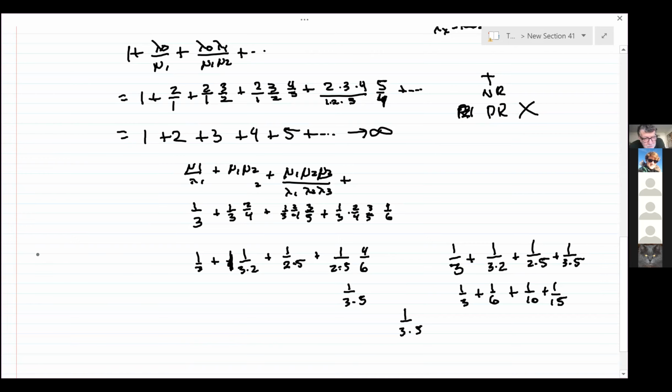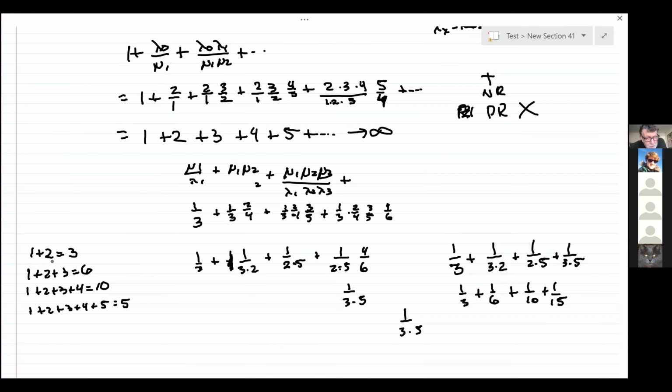I think if you add 1 to 2, you get 3. And if you add 1 to 2 to 3, you get 6. And if you add 1 to 2 to 3 to 4, you get 10. And if I add 1 to 2 to 3 to 4 to 5, I get 15. So it looks like the denominator is the sum of the integers.